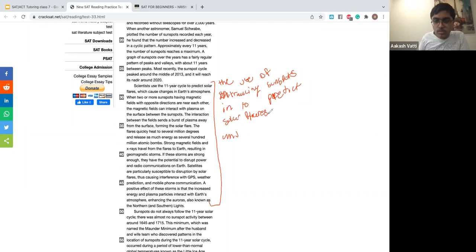And solar flares equal bad. But also enhance auroras.